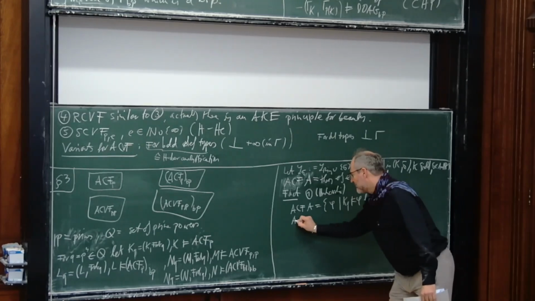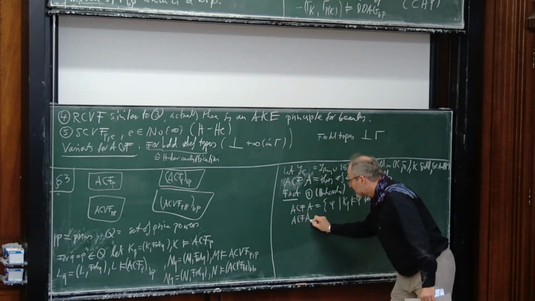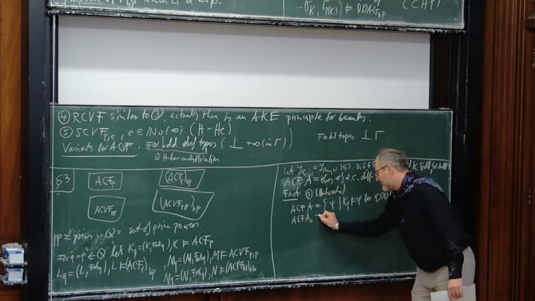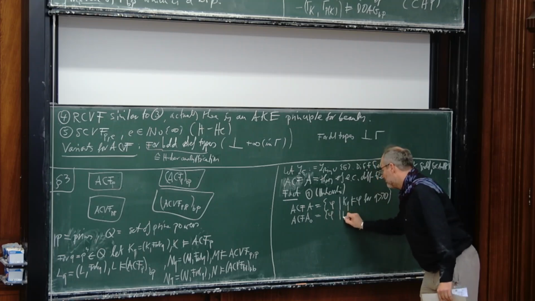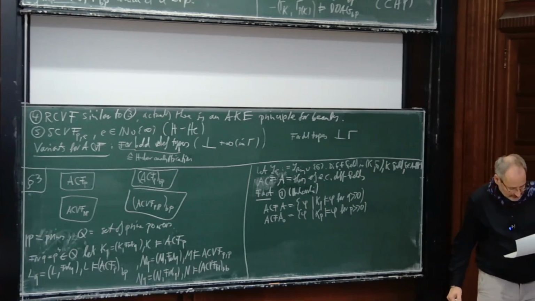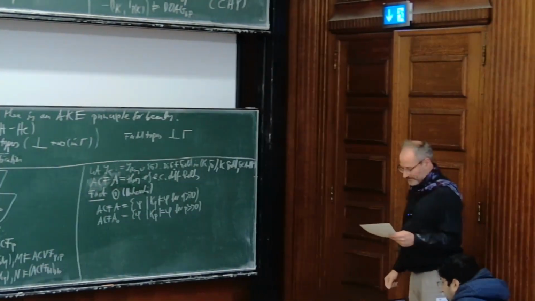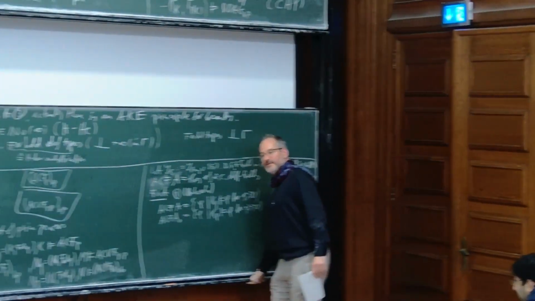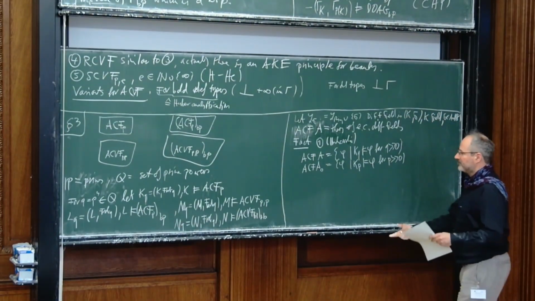And if I go to characteristic 0, then it's the limit theory of all primes. This is very deep. It's true. It follows decidability, for example.